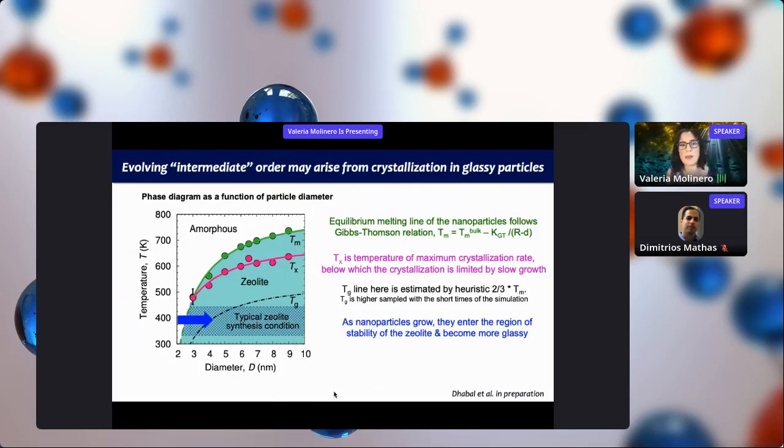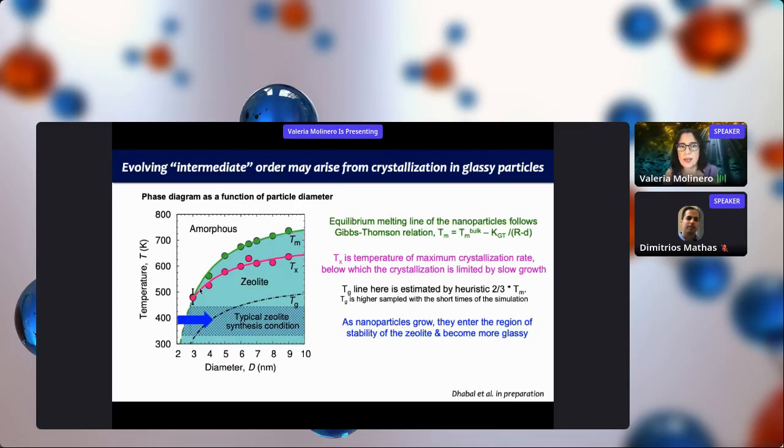So for that, let me walk you through this phase diagram that we built as a function of the diameter of the silica particles. I told you that the particles form by polymerization, and now we have these particles that are amorphous, and they're going to undergo the crystallization to zeolites. As a function of the size, the diameter of these amorphous nanoparticles, we computed the melting point of these aggregates in solution.